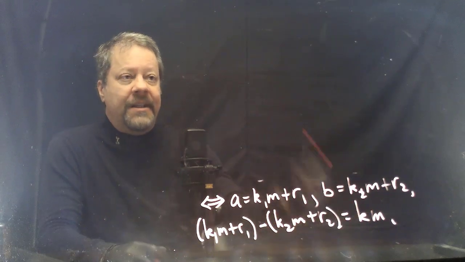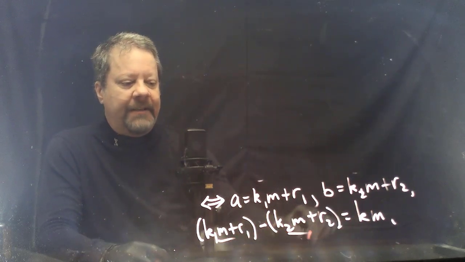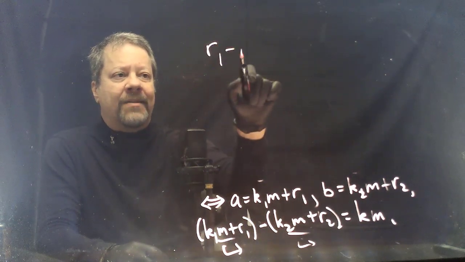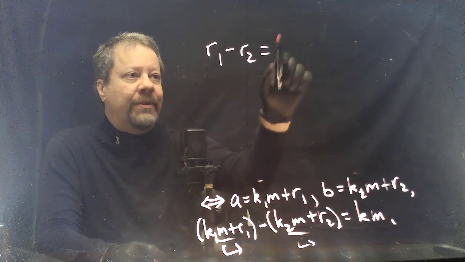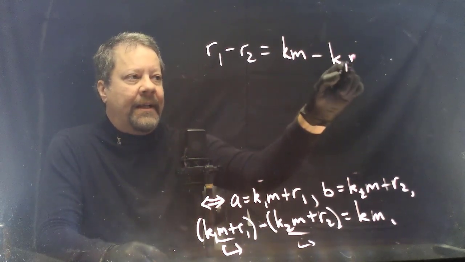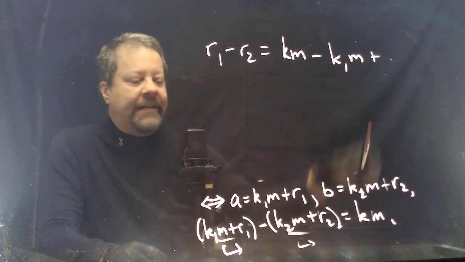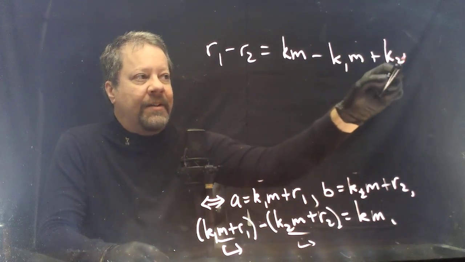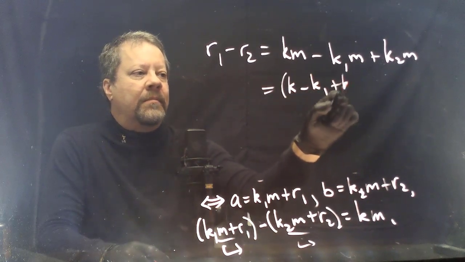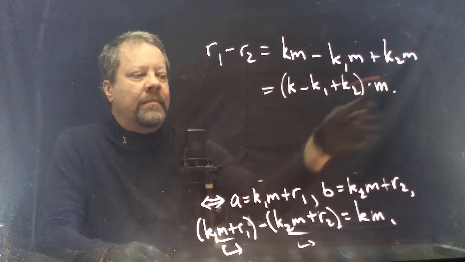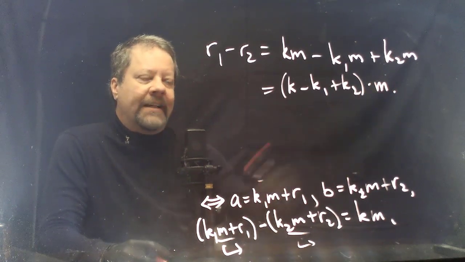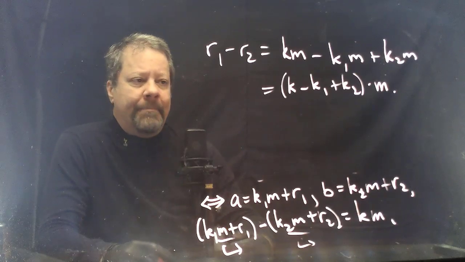If we rearrange these numbers, putting all the terms involving m on one side, we'll have r1 minus r2 is equal to km minus k1m, and then when this negative comes over, it'll be plus k2m. So in other words, r1 minus r2 must in fact be an integer multiple of m.